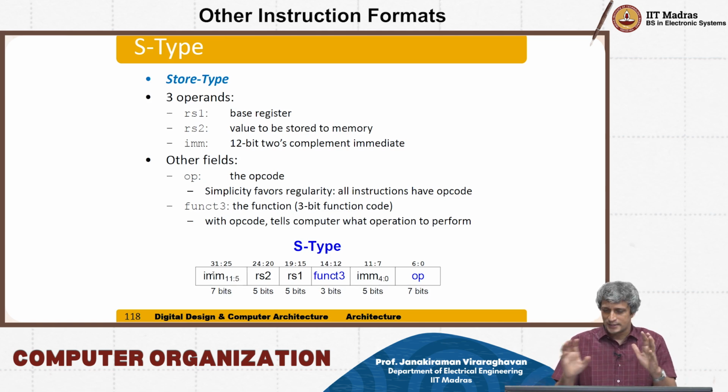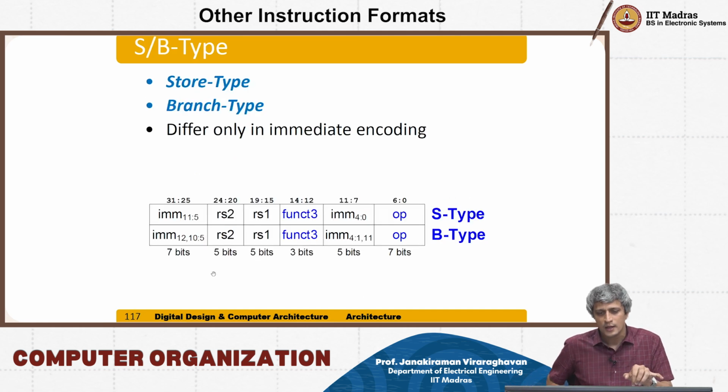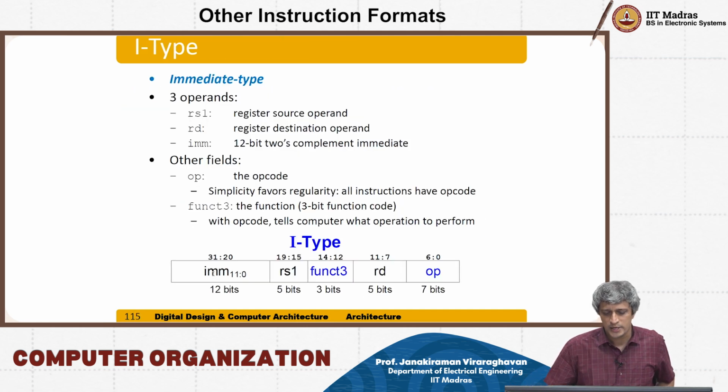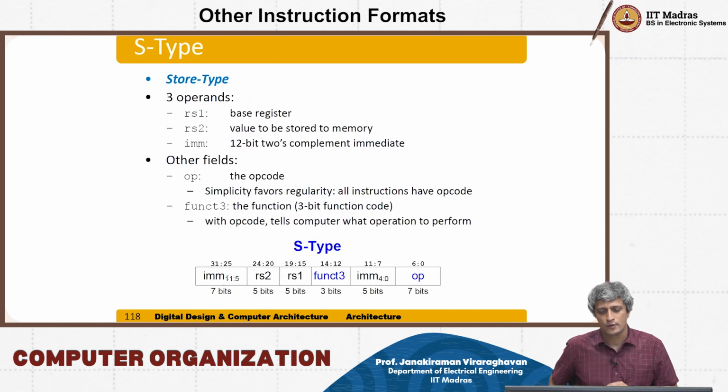This is similar to the load type, except that the immediate data is not stored consecutively. Here the immediate data is split as 7 plus 5 because of the destination register not being used.